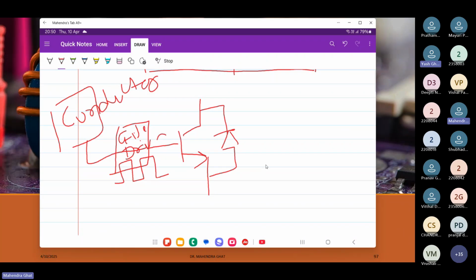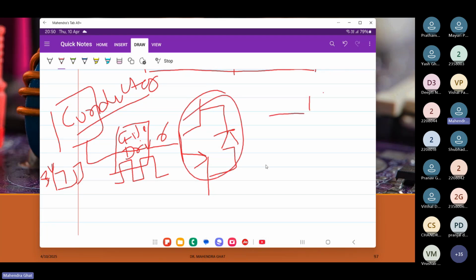Suppose I have a controller which will give pulses in the range of 3 volts only. But if I use an IGBT here, I will require 15 volts for turning on, and minus 7 volts for turning off.